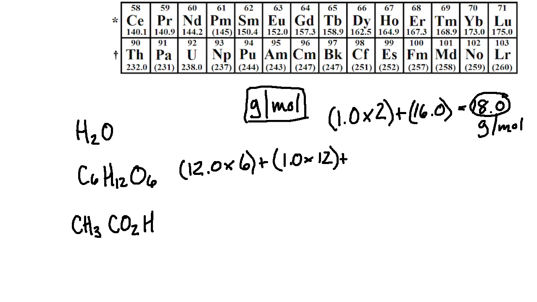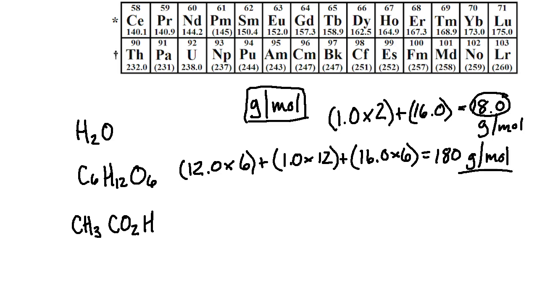And finally, the oxygen, I have 6 of them, so I'm going to do 16.0 times 6. If I sum all of these up, and I do the proper multiplication and distribute, I'm going to end up with 180 grams per mole.